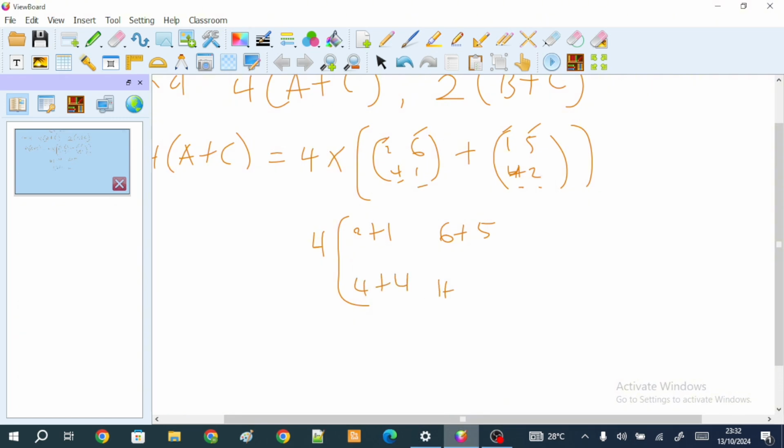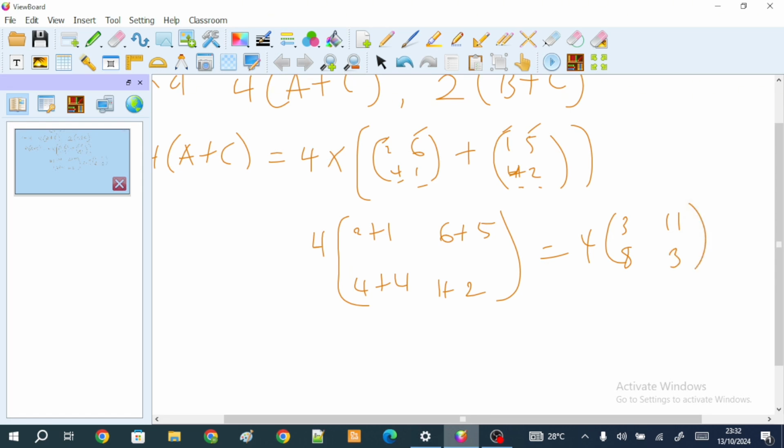In which case we're going to have 2 plus 1 is 3, 6 plus 5 is 11, 4 plus 4 is 8, 1 plus 2 is 3.